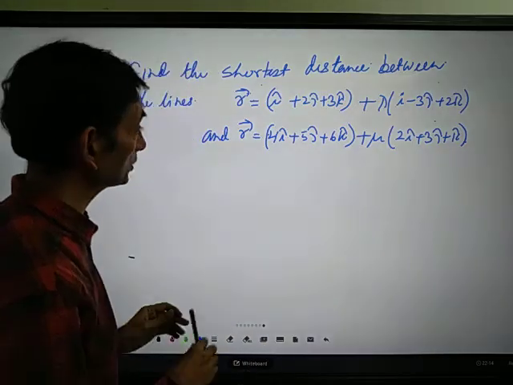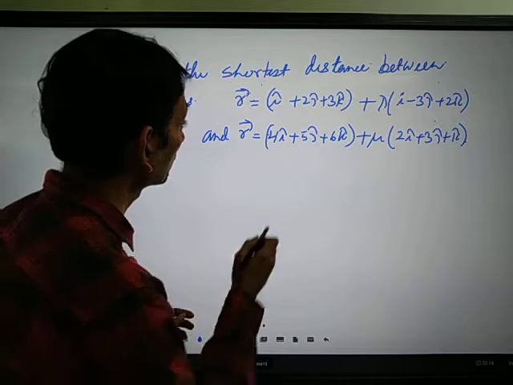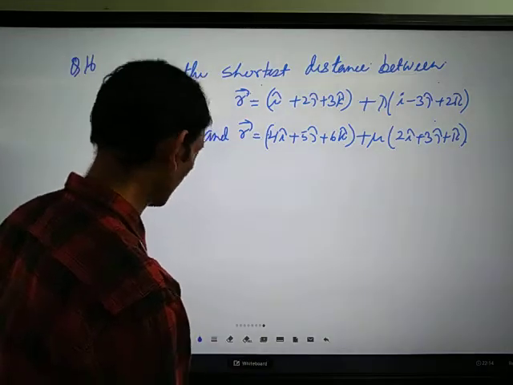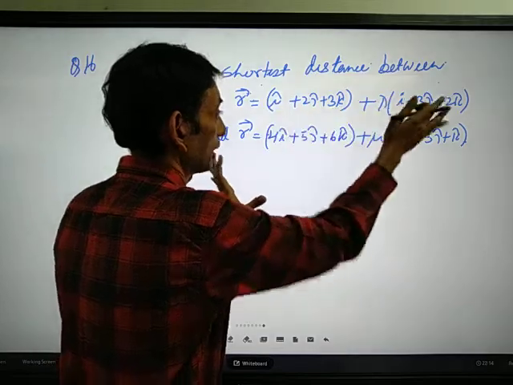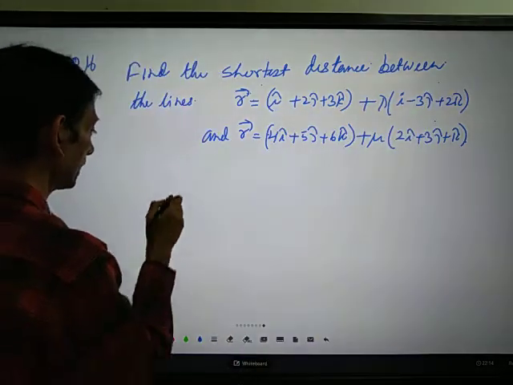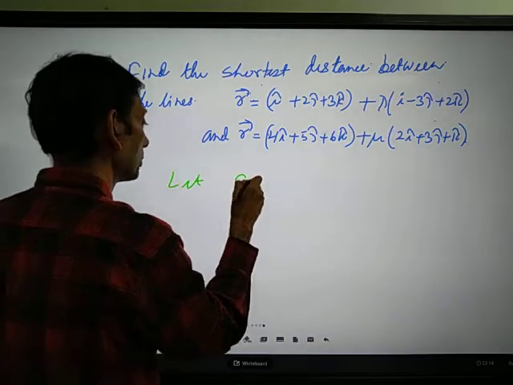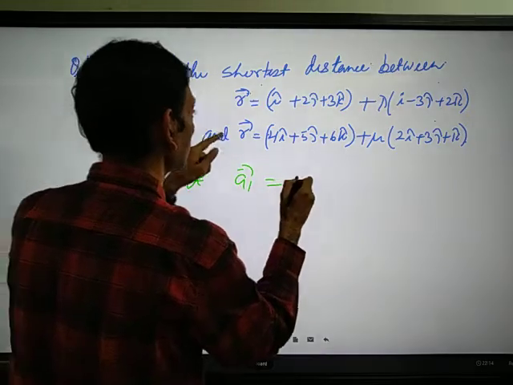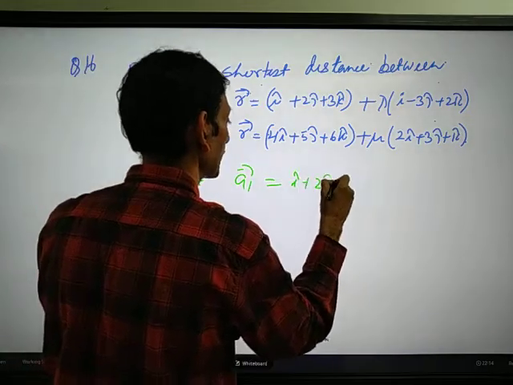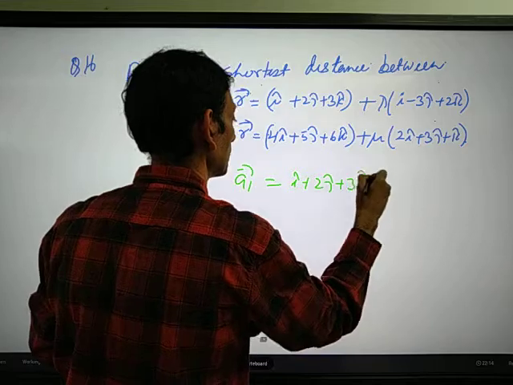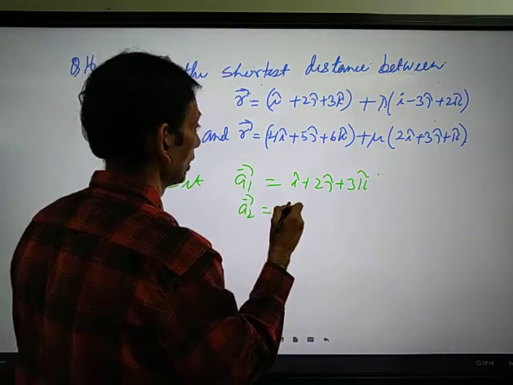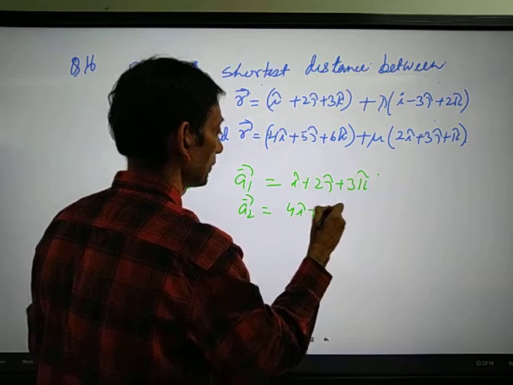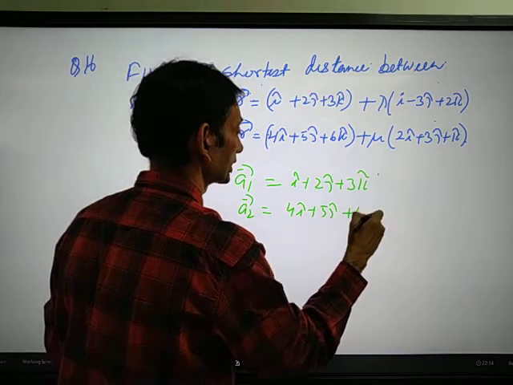Now, from these equations we know that it's given in standard form. This is r equals a plus lambda b form. So we'll take a1 as i cap plus 2j cap plus 3k cap, and a2 as 4i cap plus 5j cap plus 6k cap.